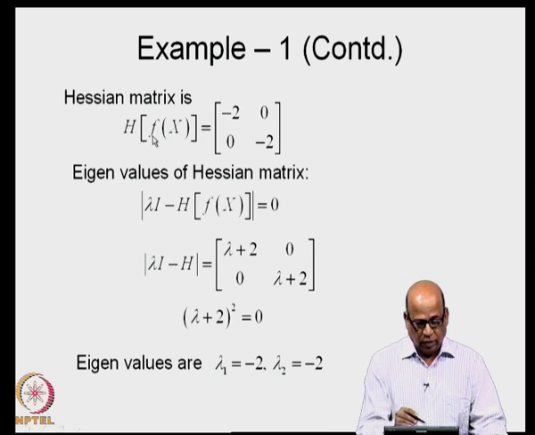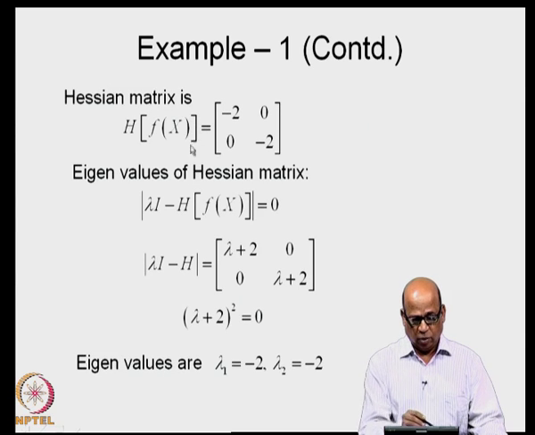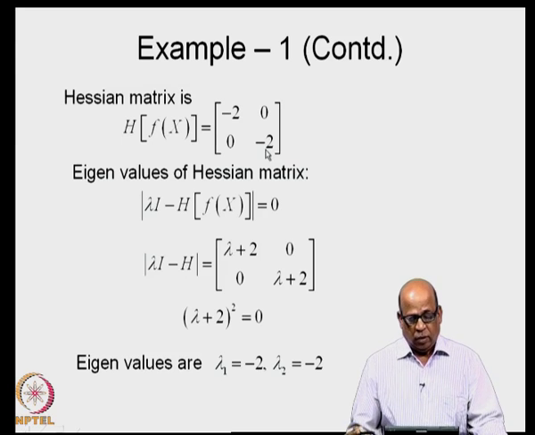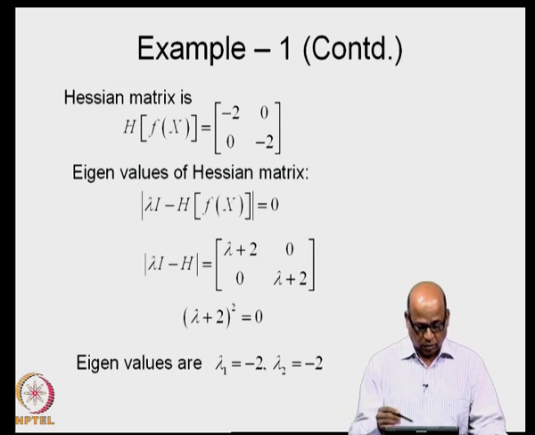So, we have the Hessian matrix, starting with these derivatives. We substitute these values and you get H equal to minus 2, 0, 0, minus 2. To examine whether this is a positive definite matrix, a negative definite matrix, or neither, we evaluate the eigenvalues. To get the eigenvalues, we set the determinant of lambda I minus H equal to 0.